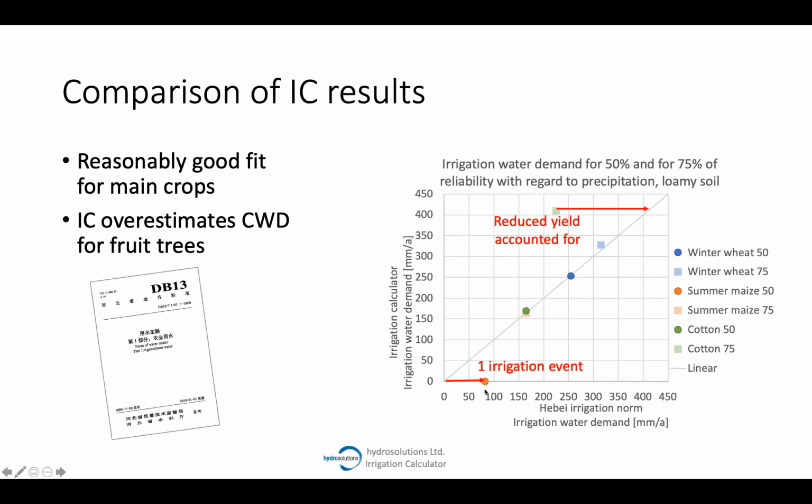That is about one irrigation event. Because the spacing of irrigation events is unpredictable, the Hebei irrigation norm allocates one irrigation event, although on average enough rain is falling.